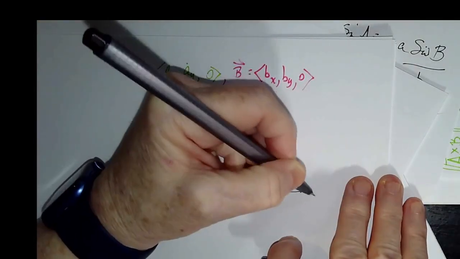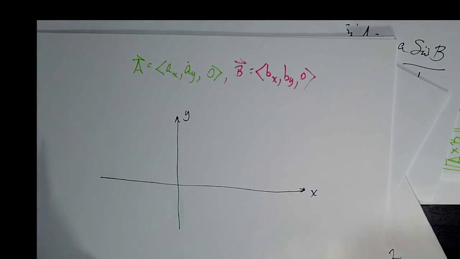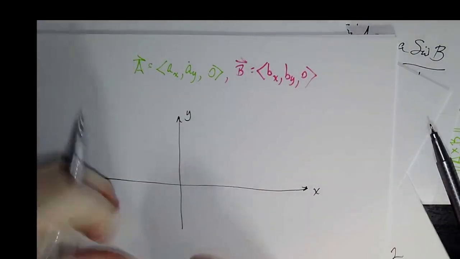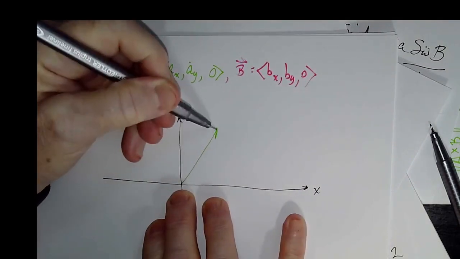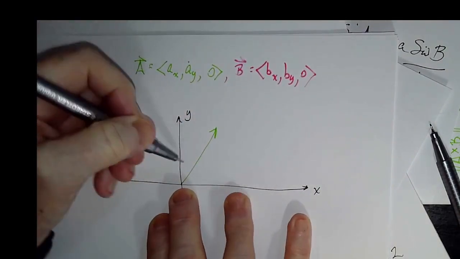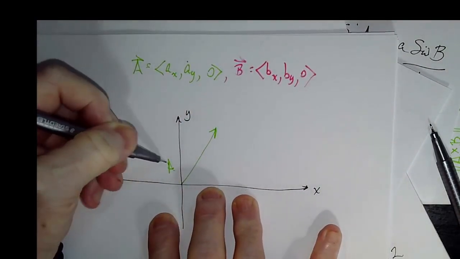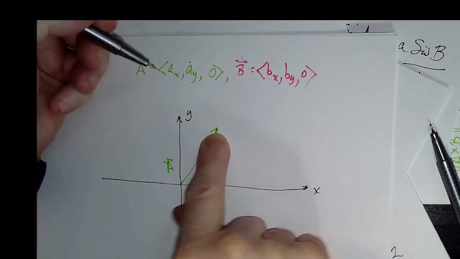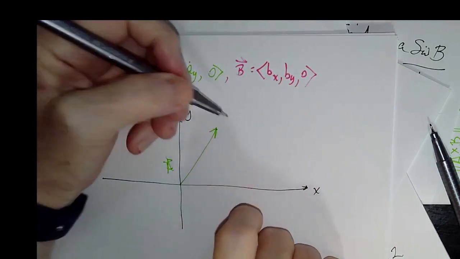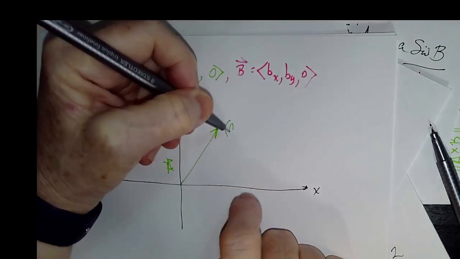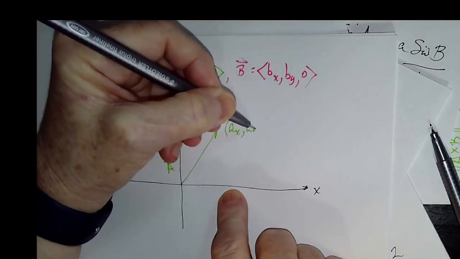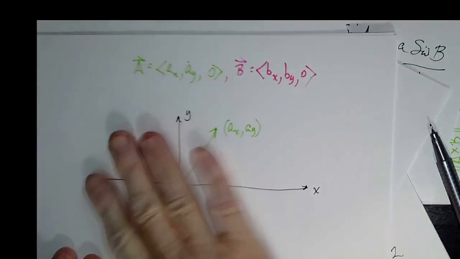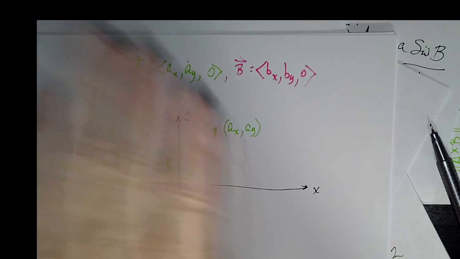So X and Y. And we said that A and B are in the plane. So here's A. And what that means is this point at the head of A is AX, comma AY. The 0 for Z just means we're flat on the plane. We're not above it at all.